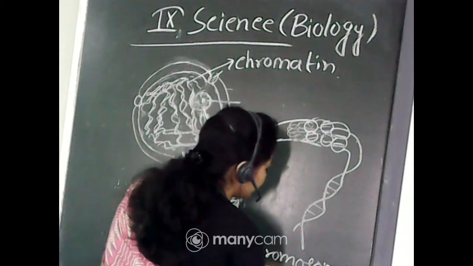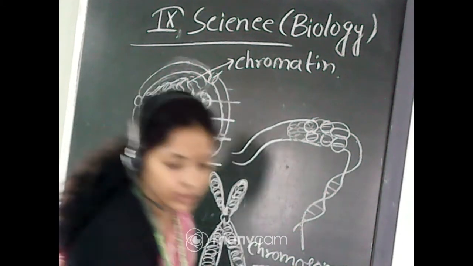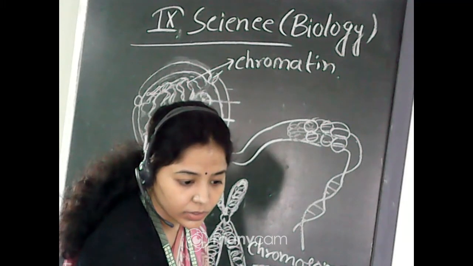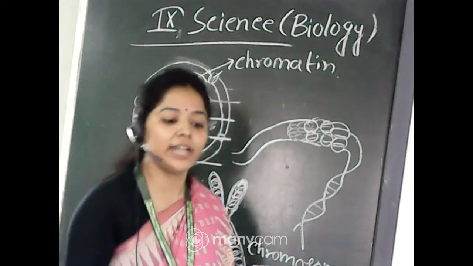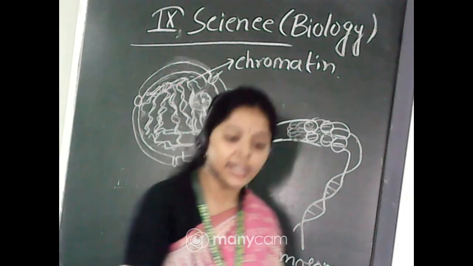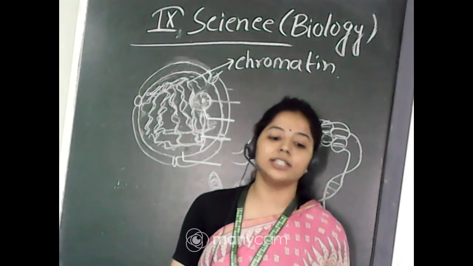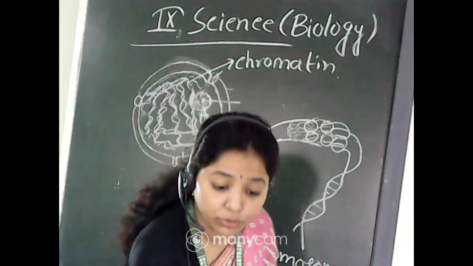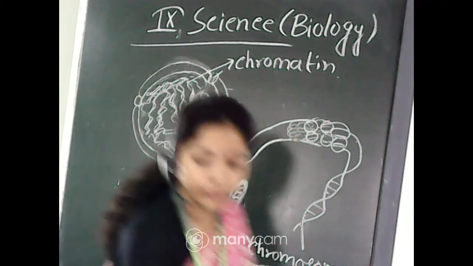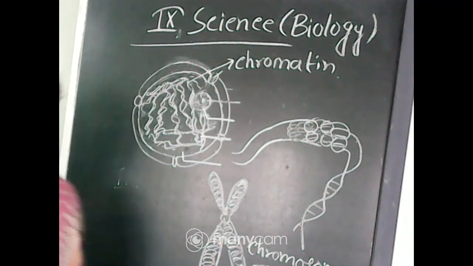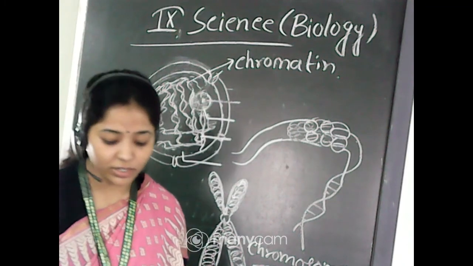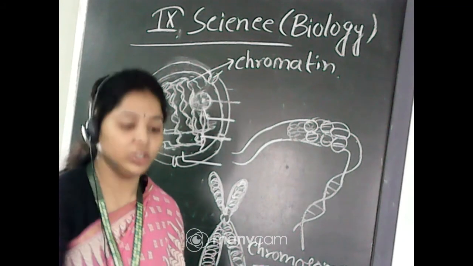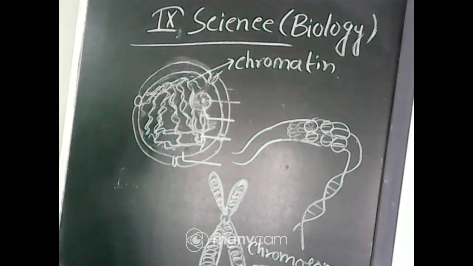Now everyone get this? Okay, so chromatin is the thread-like material present in the cell, and the chromatin organizes itself into chromosomes whenever the cell is about to divide. I hope you understood up to this portion. So the nucleus plays a very crucial role in cellular reproduction.